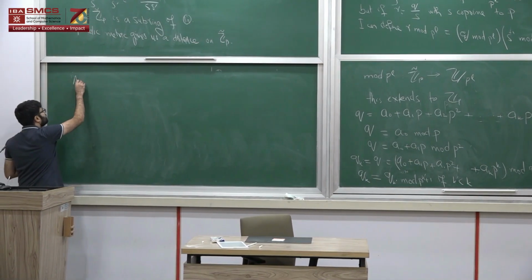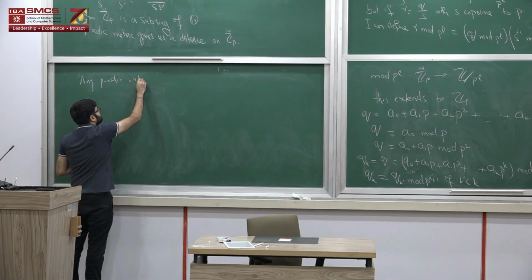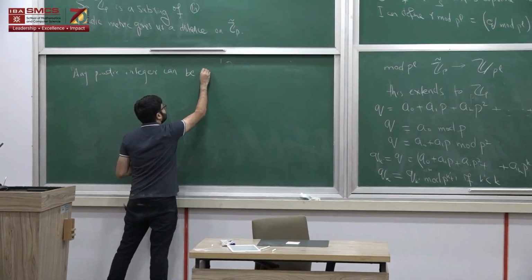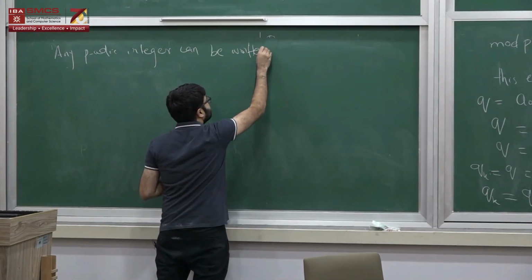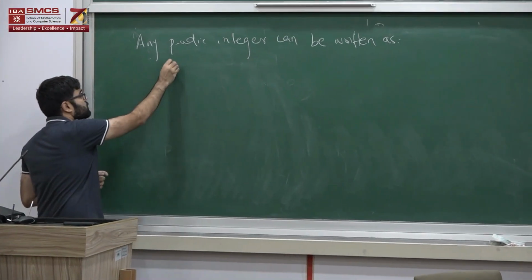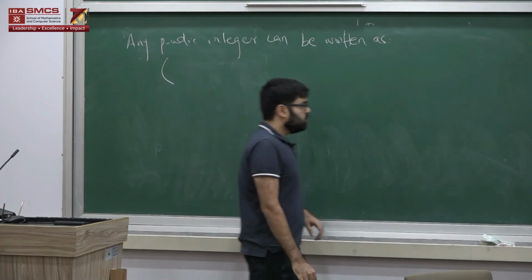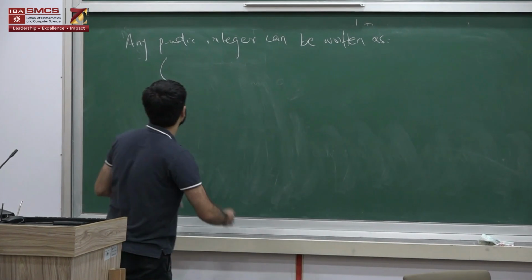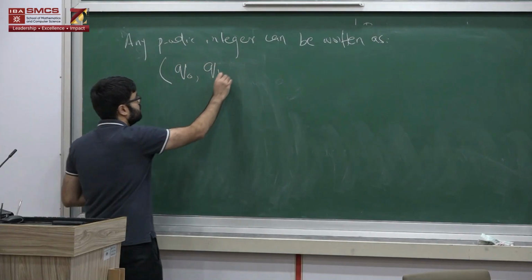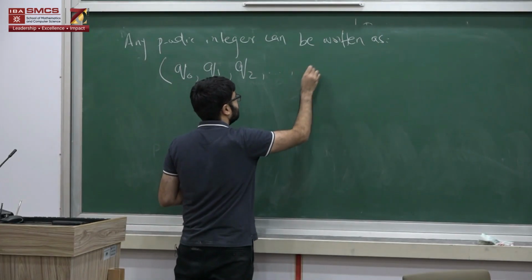So any p-adic integer can be written as a big tuple. The first one is a0, which I called Q0, then Q1, Q2, and so on.